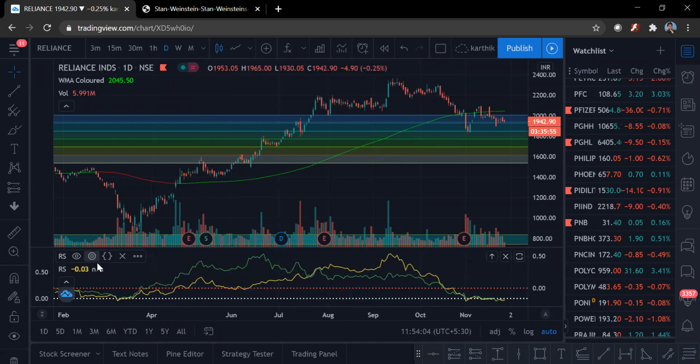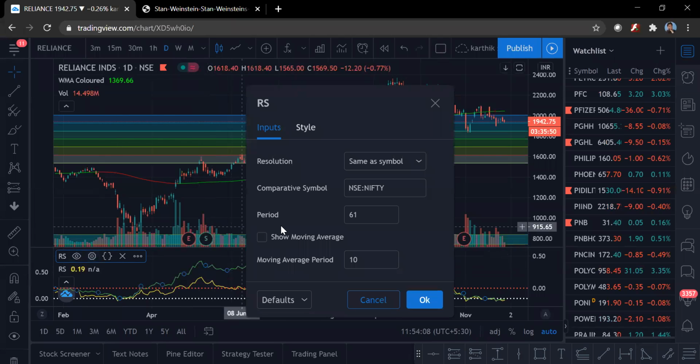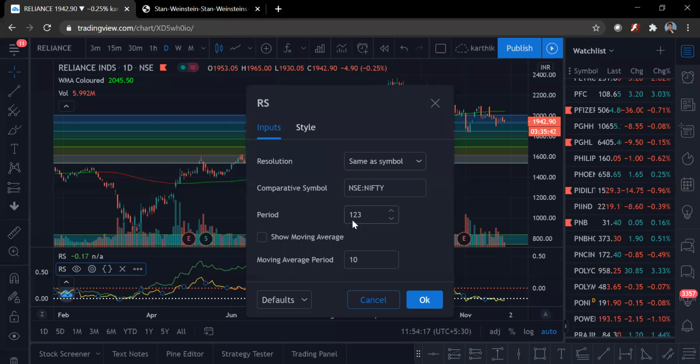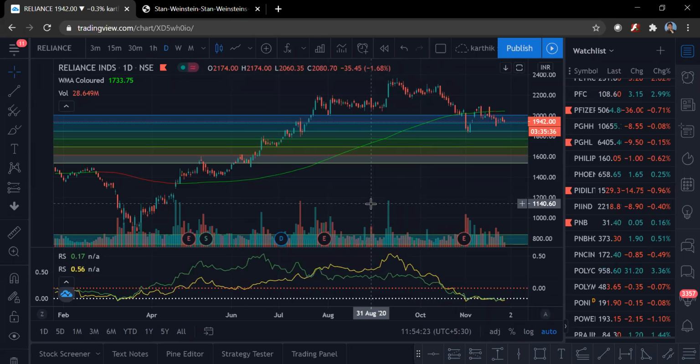The settings that I use are 61 and the other one is 123 days. 123 days indicates almost half the year of trading days, and 61 is half of what 123 is.